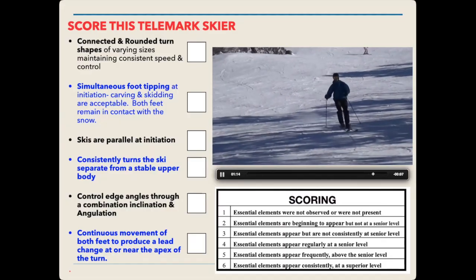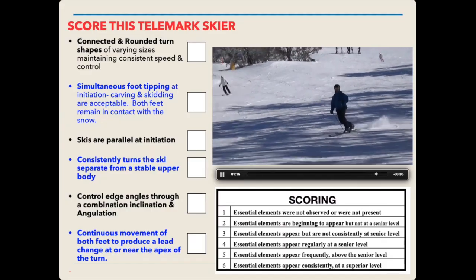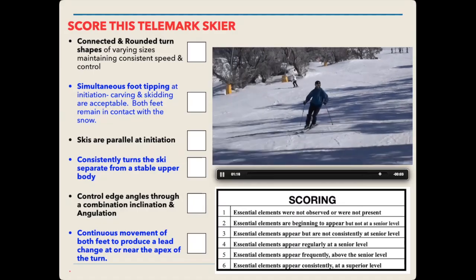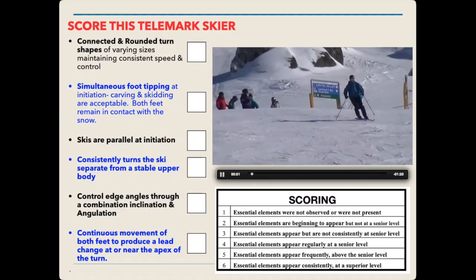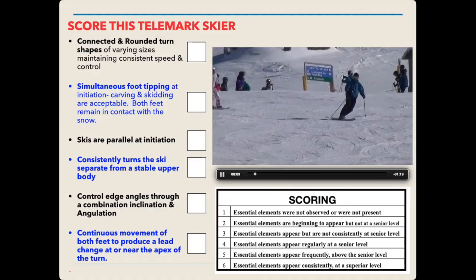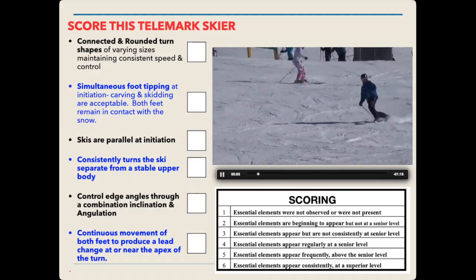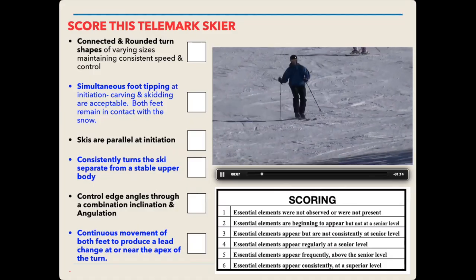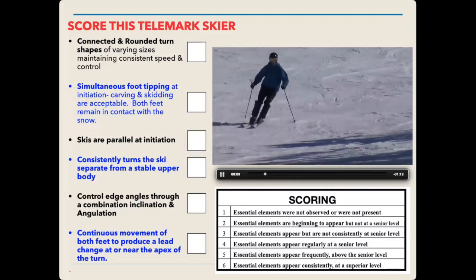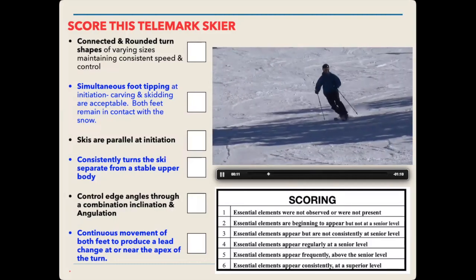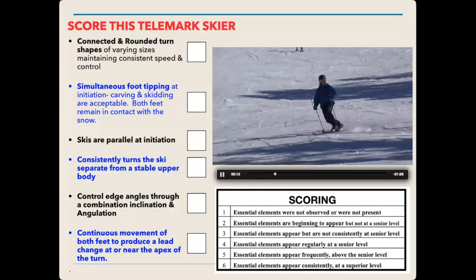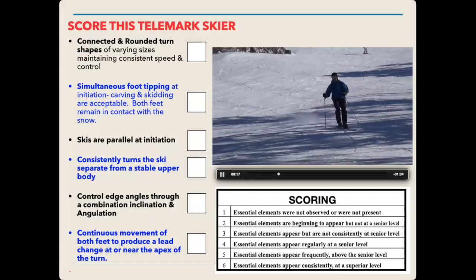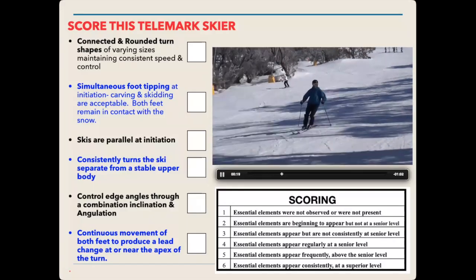The body is more upright, the hips are back, the hips are open, and we'd like to see them down the fall line, projecting a little more into the turn. So I have a 3 for this visual cue, controlling edge angles through inclination and angulation.